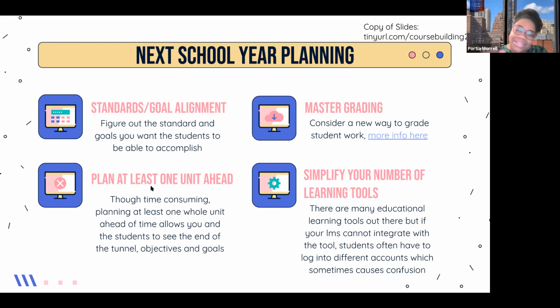Knowing what direction you're heading, and also letting the kids know what direction they're heading, allows them to see the end of the tunnel and know why they're doing this. Because my students will ask, why are we doing this? What is the point? So I think it's really helpful to know what you want to accomplish, and for the students to also see the whole entire unit.